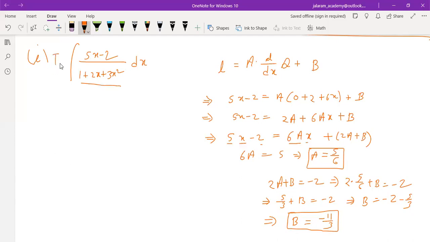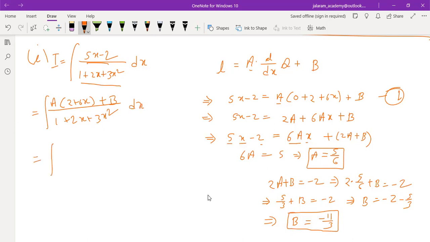So in place of this linear term 5x minus 2, we write a into 2 plus 6x, plus b over 1 plus 2x plus 3x square. Is that clear to you?